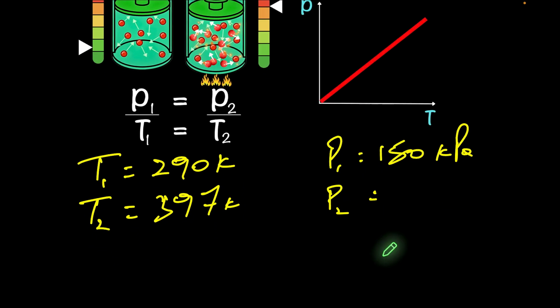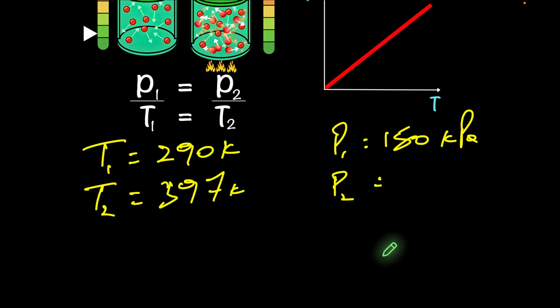In this case, once again, it's just a matter of using the formulas correctly. So if we input our value for P1, we have that as 150. We don't need to convert the kilopascals because it's going to be the same units.